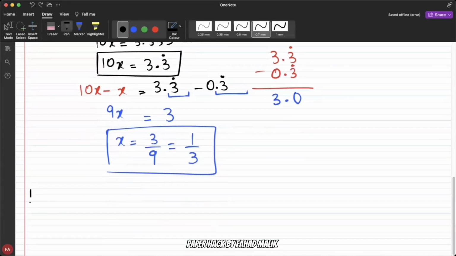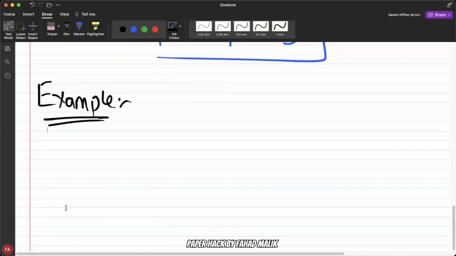This example consists of something that can be written in this way. So now let's talk about pure recurring numbers or pure recurring decimals, but in this case, we're having two numbers which are being repeated. Let's say that we have a question which is 0.23, and then I have a dot on both of them. How can I write down this?